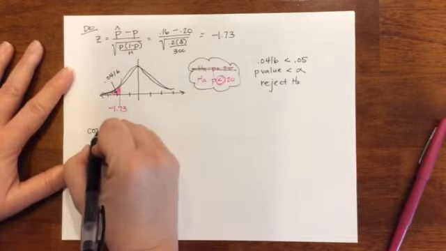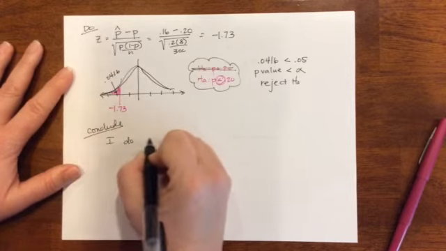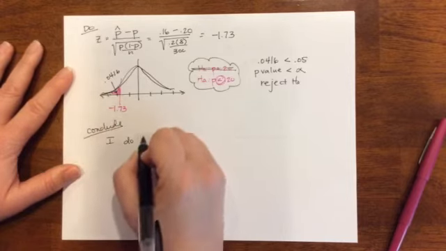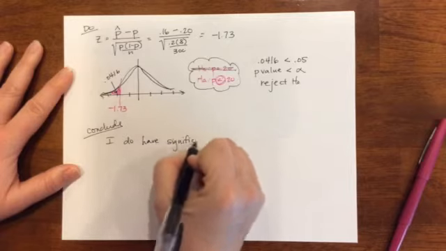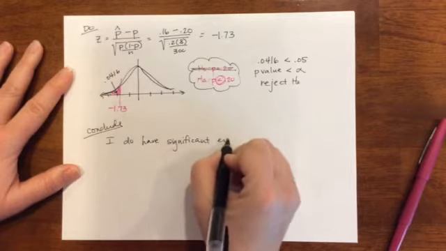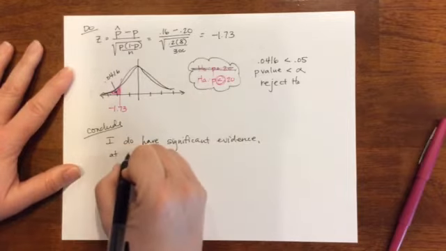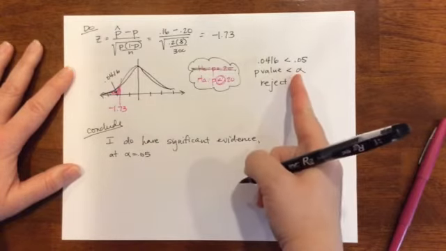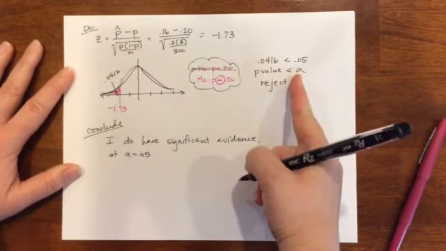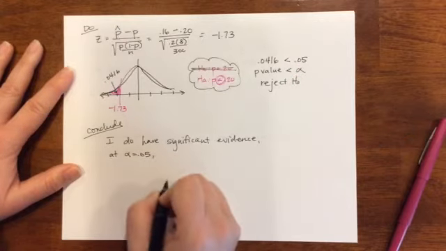So let's write that out. I do, or if you want to be nice, we do have significant evidence. And you want to tell the reader at what level you tested. So we did it at a 5% level, because if we had done it at a 1% level, then we would have gotten fail to reject. So it's always very important that you state your significance level.